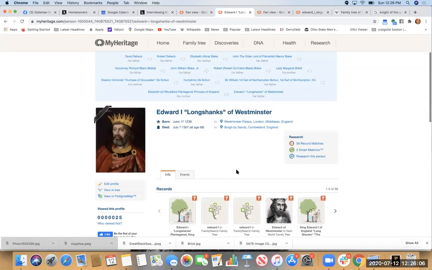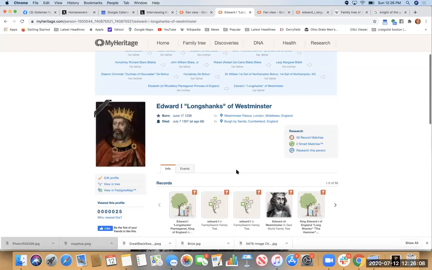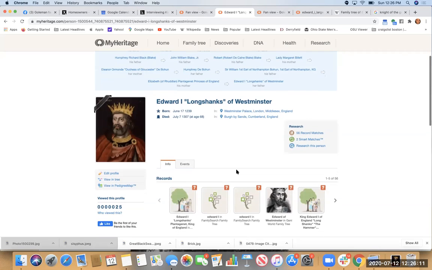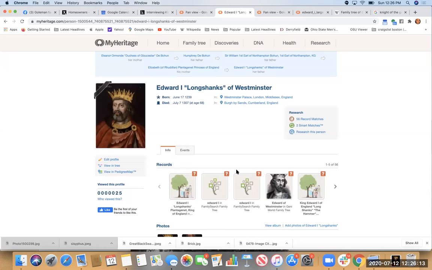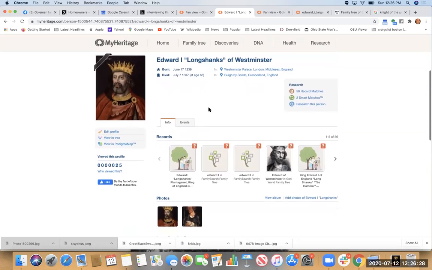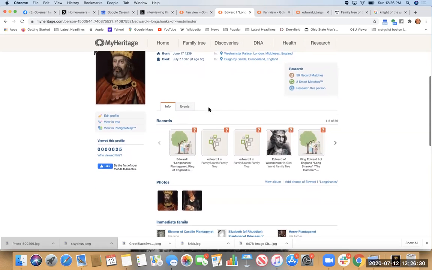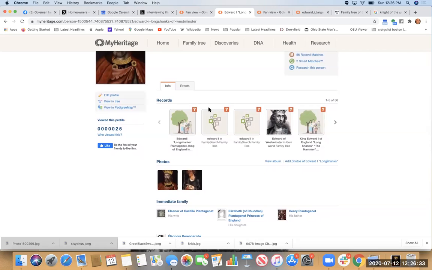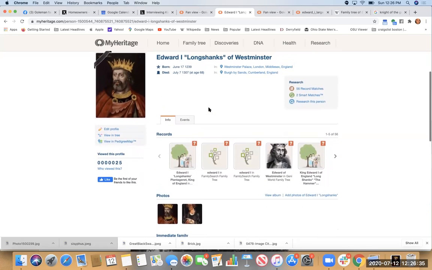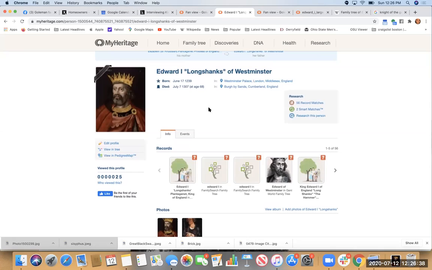This is, if you ever saw the movie William Wallace, the bad guy in the movie, the mean king of England, this is him, Edward I, Longshanks, because he was very tall for the time. I think they said he was 6'2". Also known as Hammer of the Scots, based on the wars that he had with the Scottish who were trying to get away, which was what was going on in William Wallace.